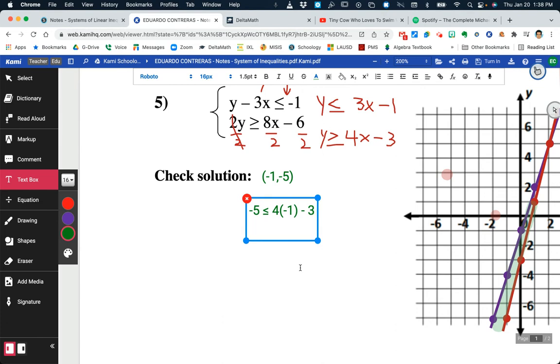So -5 less than or equal to -4 minus 3. And -4 minus 3 is -7. So that is true.